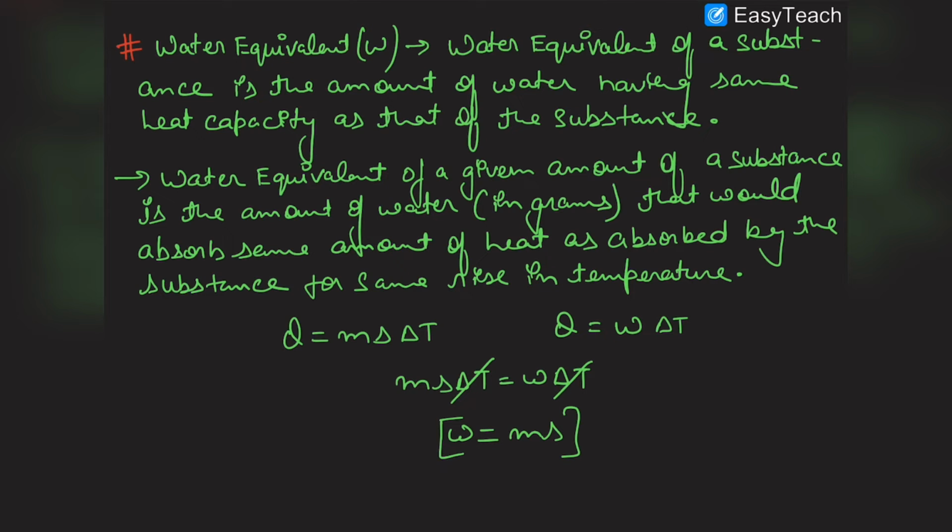The water equivalent of a substance is the amount of water that would have the same heat capacity as that substance. I know this definition is not suitable for understanding water equivalent, so I will explain it with an easier example.